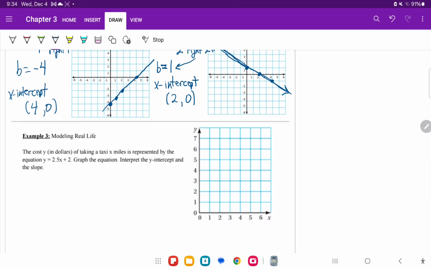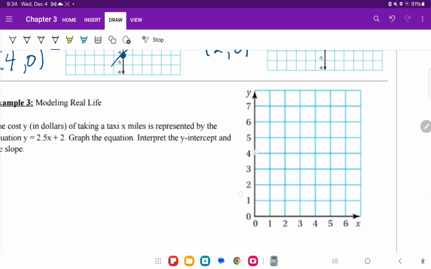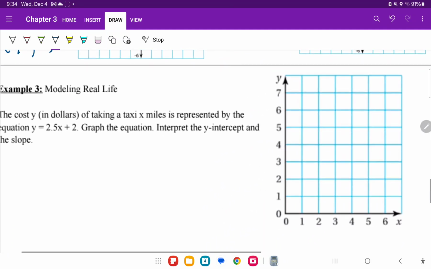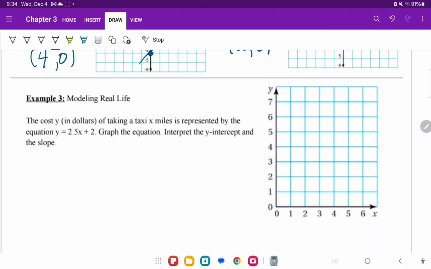Now we're going to do this modeling in real life. The cost y in dollars of taking a taxi x miles is represented by the equation y = 2.5x + 2. So graph the equation, and interpret the y-intercept and the slope at the end.